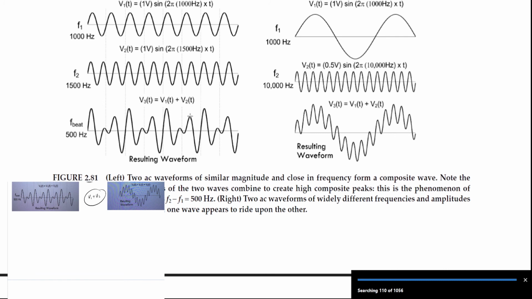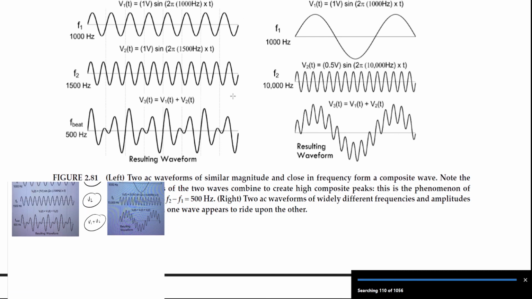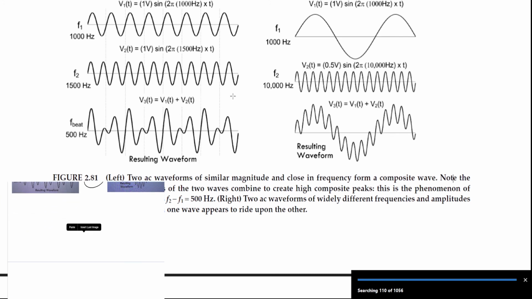Interesting. What happened here? They don't line up again after that? Right, yeah, they don't. Interesting. Okay, so that's something that's worth noting down, isn't it? Just like this.